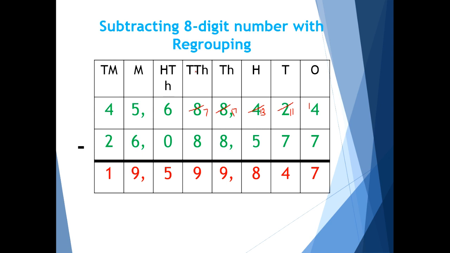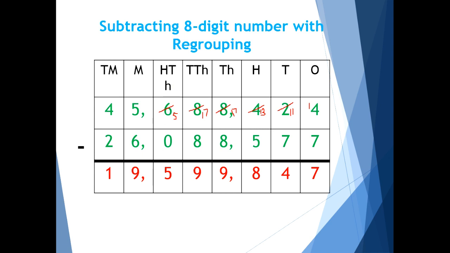Now the 10,000s column. In the 10,000s column we have 7 and 8. Again it is not possible to subtract 8 from 7. 7 is a smaller number. We'll borrow from the 100,000s column. In the 100,000s column we have 6. We'll borrow 1 from 6, it will become 5 and this 7 will become 17. 17 minus 8 equals 9.